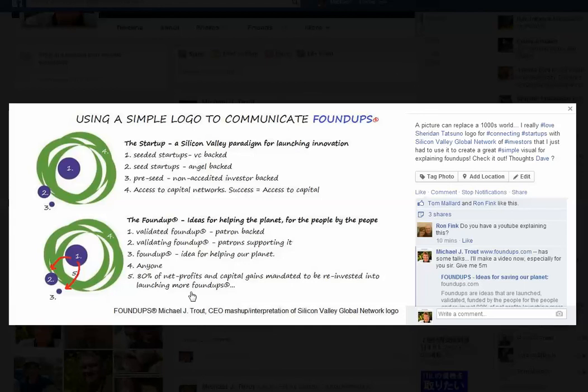Okay, think of FoundUps like a game of Risk, right? We've got red chips and green chips. Green chips are FoundUps, the red chips are everything else that's collapsing our planet. It's a simple game. We're removing the red chip and flipping it to a green chip. The Play FoundUps app is all about a real life Risk game, which I'm trying to fund and build, and I've already done all the work.